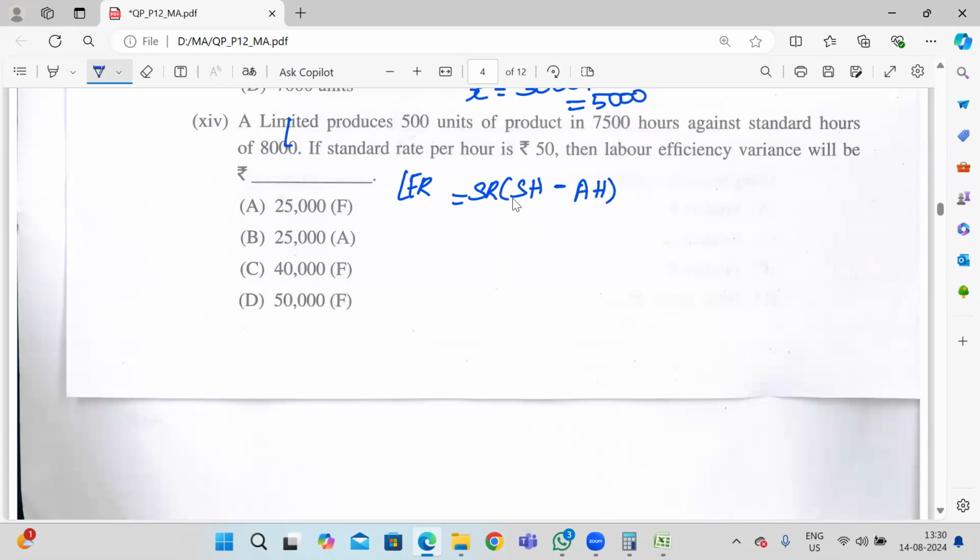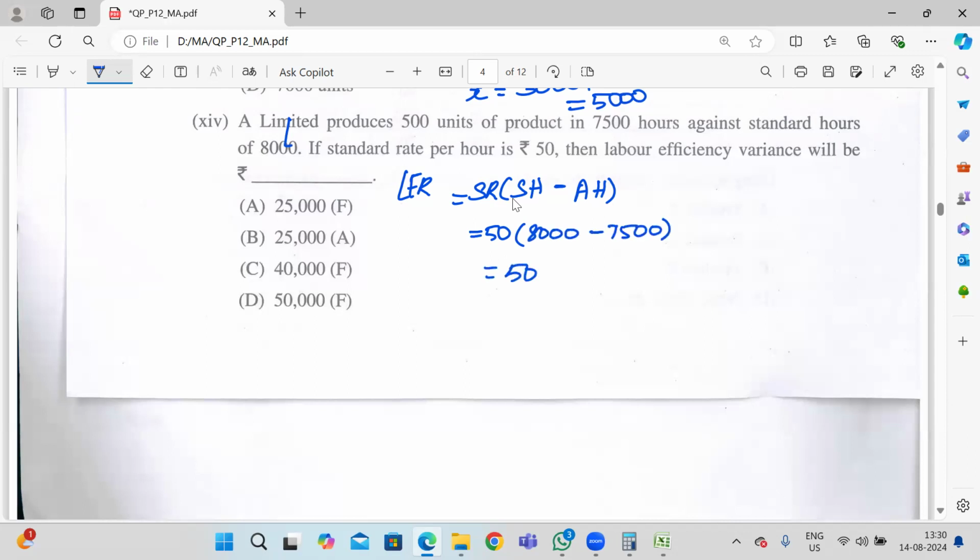So here they have given 7,500 against the standard hours of 8,000, right? So 8,000 is my standard hours. They have given standard rate as 50. Standard hours is 8,000. Actual hours is 7,500.